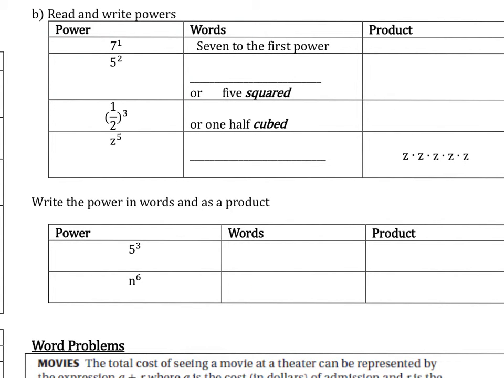Part B, read and write powers. Okay, the first one, we will read it as 7 to the 1st power. The product of that would just be 7. The next one would be 5 to the 5th power.